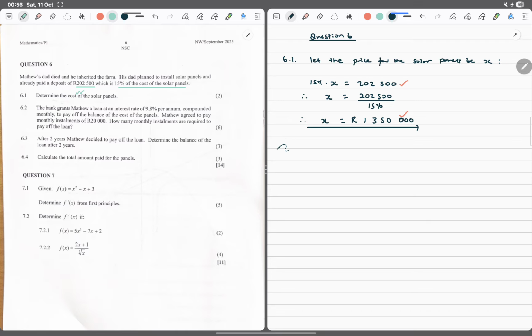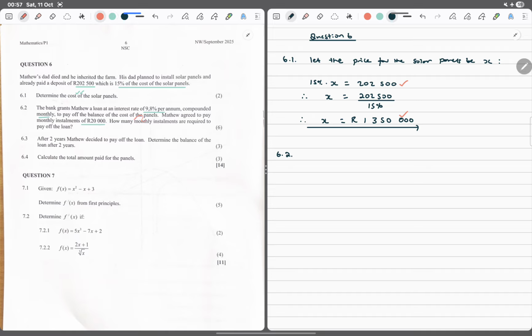Right. So 6.2, we are told that the bank grants Matthew a loan at an interest rate of 9.8% per annum, compounded monthly, to pay off the balance of the cost of the panels. Matthew agreed to pay monthly installments of 20,000 rands.